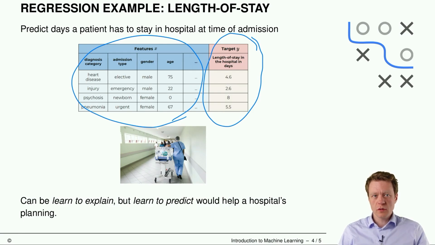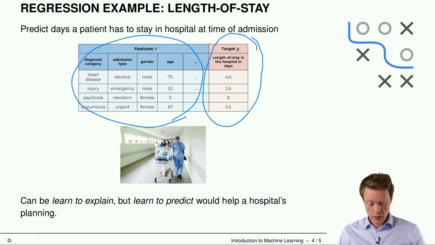Perhaps the hospital wants to understand which factors drive the length of the stay in the hospital, to have some policies to perhaps improve their workflows. But on the other hand, perhaps they just want to predict how long a new patient will be in the hospital to be able to plan better with their available resources.